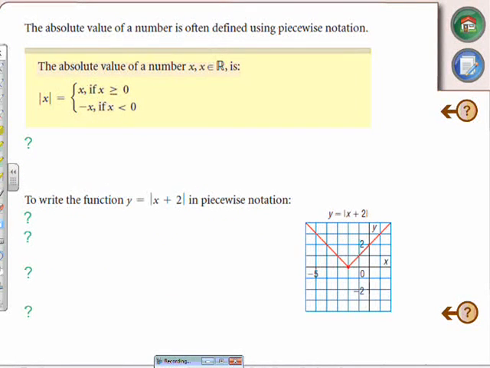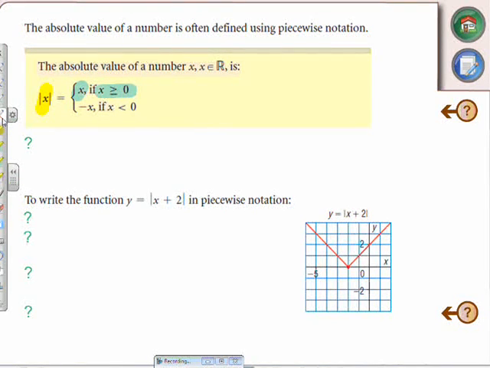Okay, so the absolute value of a number is often defined in piecewise notation, just like this. The absolute value of x, well, we could have had a positive x or we could have had a negative x in there. And what we say now is that the value of it is positive above the x-axis when x is greater than or equal to 0.